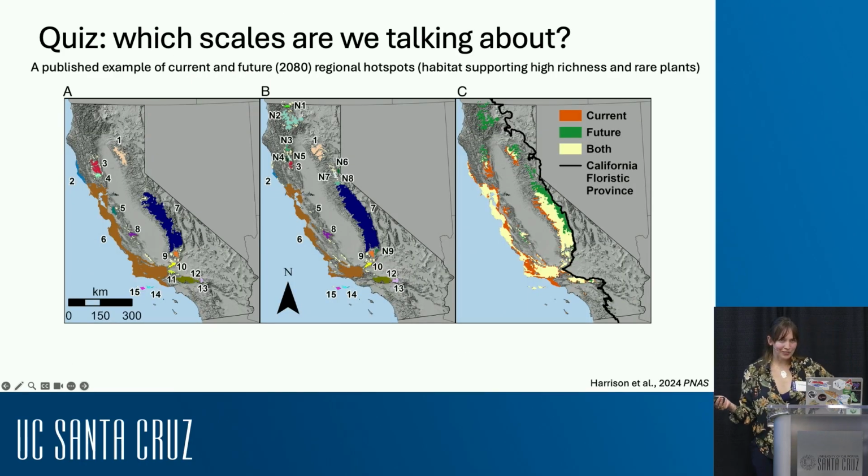Okay, so quick quiz for you. Which scales are we talking about here? This is current and future projections for 2080 of California rare flora hotspots. Is it absolute or is it relative?